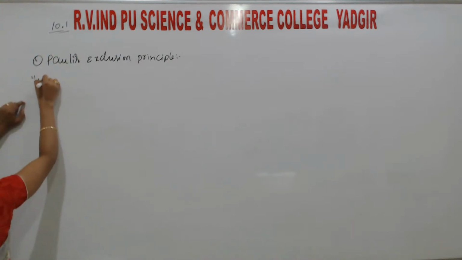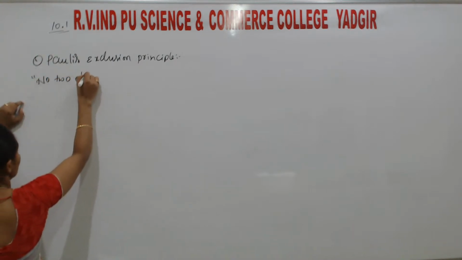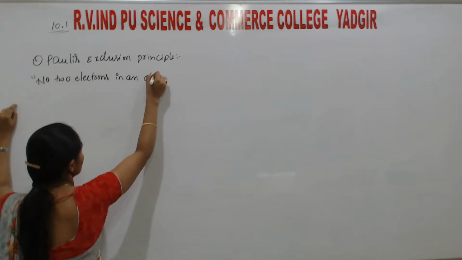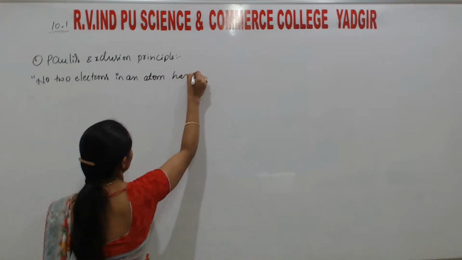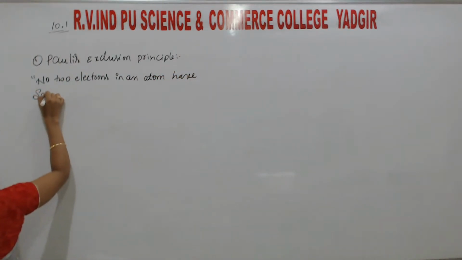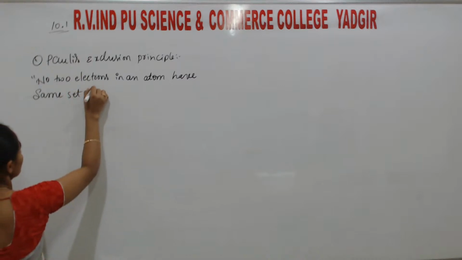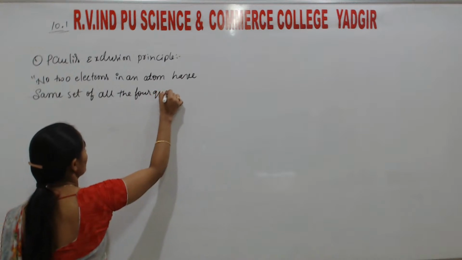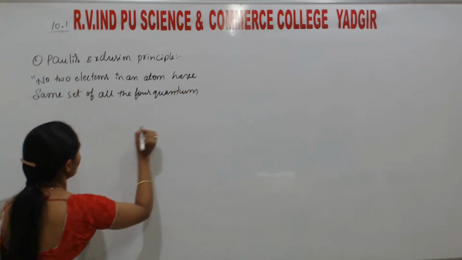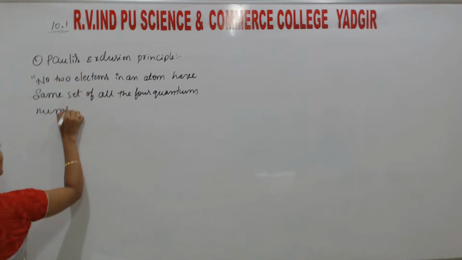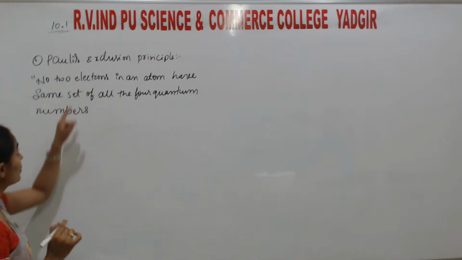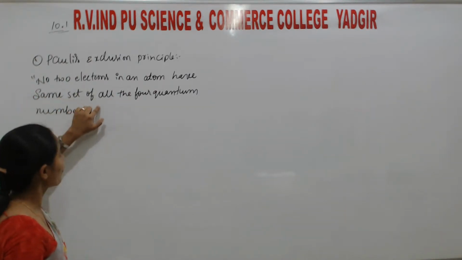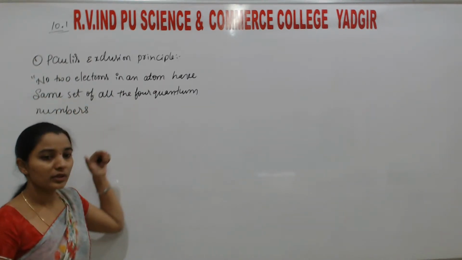No two electrons in an atom have the same set of all the four quantum numbers.